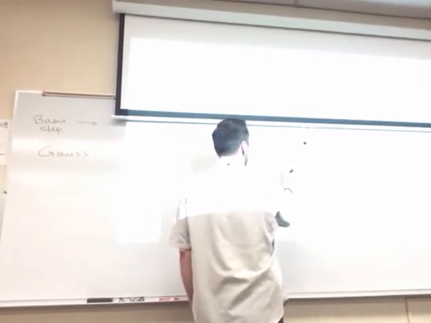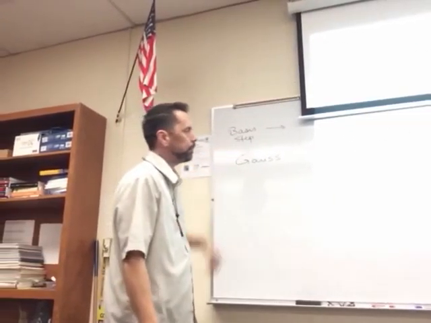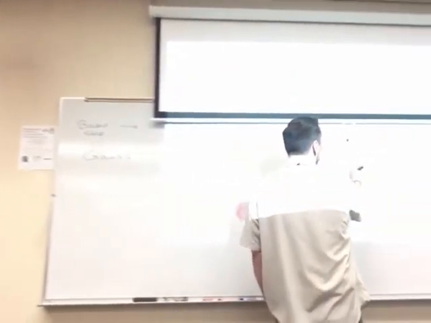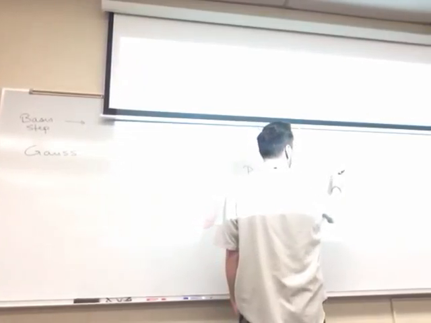Okay. So remember, there are 2 steps to mathematical induction. There's the basis step, and then there's the inductive step. Okay. So when you're doing your proofs by induction, I would like you to label those 2 parts.